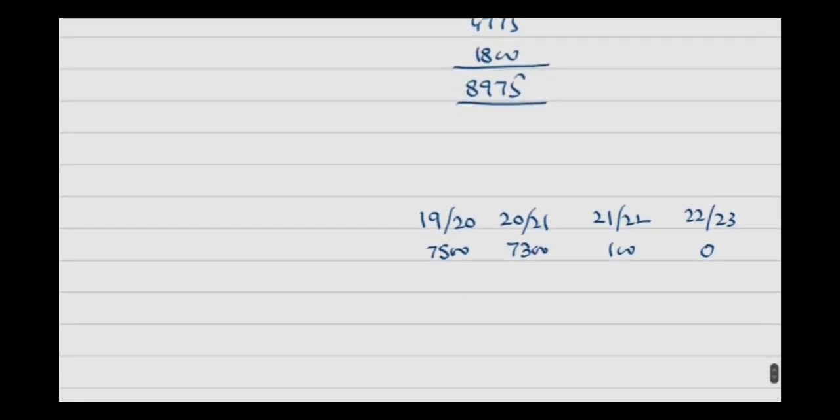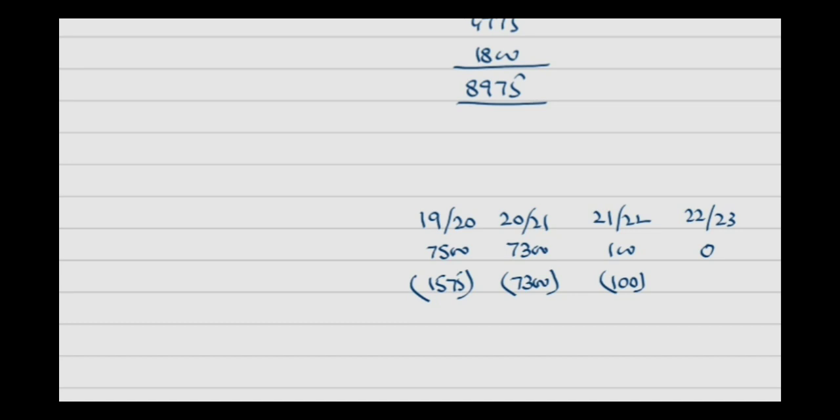So the total loss is 8,975. As we have to follow the LIFO basis, first we have to set off the loss against 21-22. Remaining would be 8,875. 7,300 of loss will be set off in 20-21. The remaining 1,575 of loss will be set off in this year.